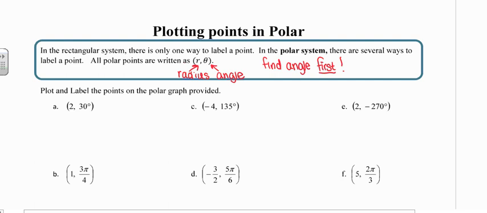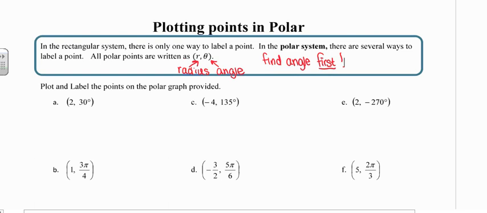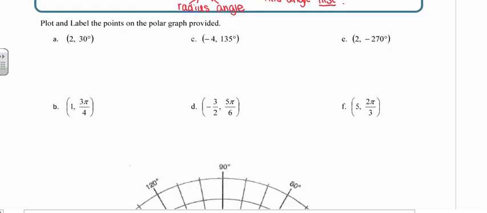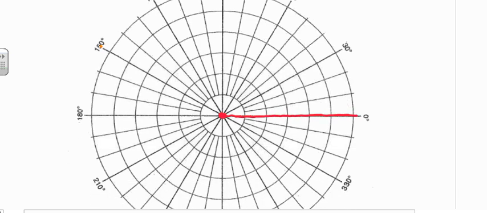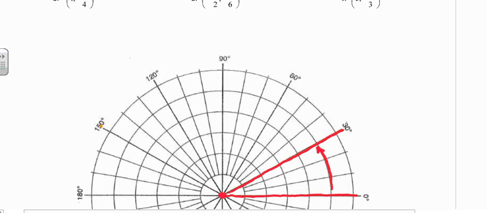Plot and label the points on the polar graph provided. Letter A says our radius is 2, our angle measure is 30. I'm going to draw that angle first. That angle is always measured from the positive x-axis, or the polar axis. So I go 30 degrees up from that polar axis, and there is my 30-degree angle.